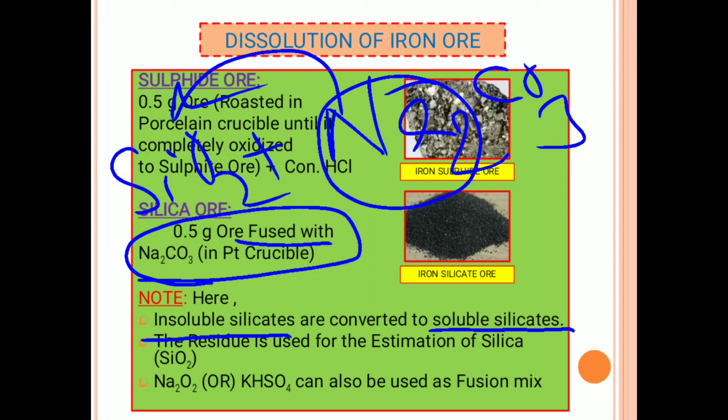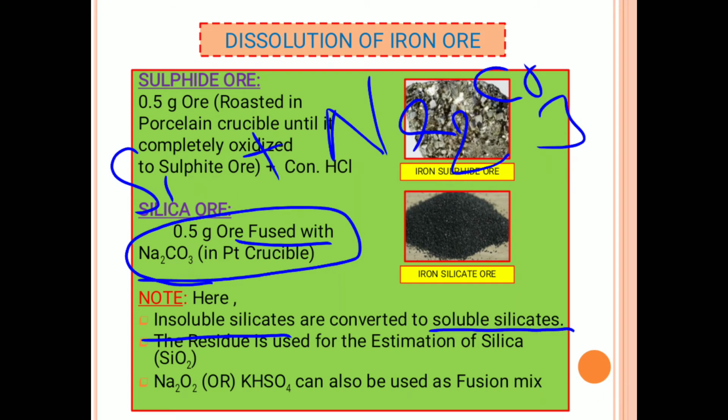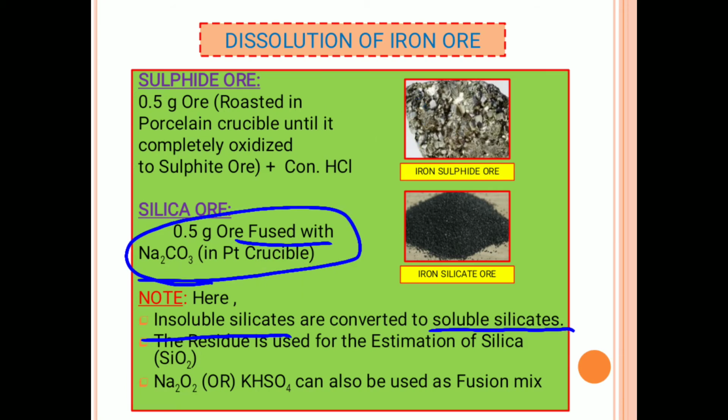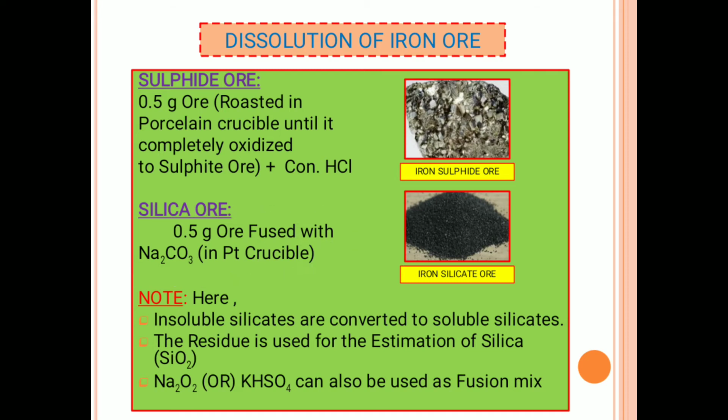It is soluble one. If any residue is there, then the residue is used for the estimation of the silica. So instead of sodium carbonate, you can use either sodium peroxide or potassium hydrogen sulfate as fusion mixture.